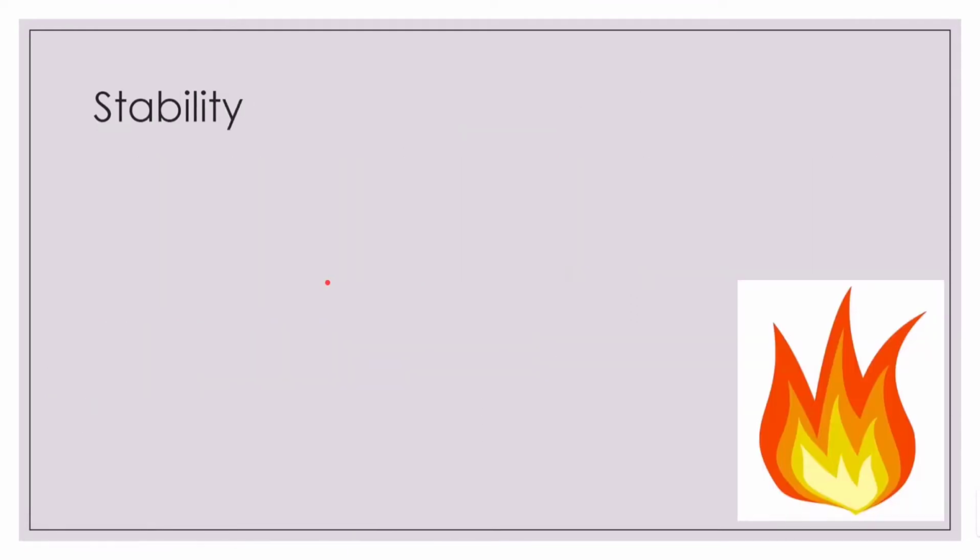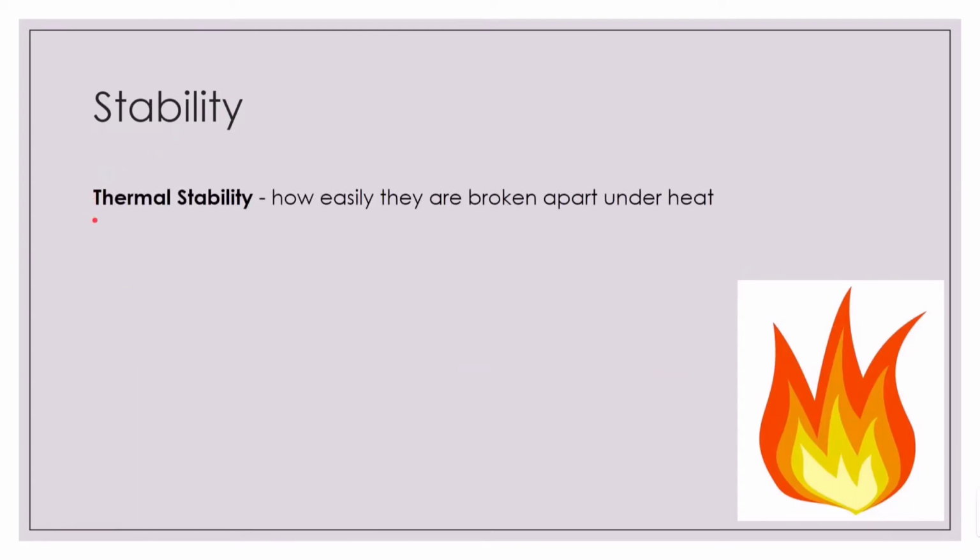And next we're going to be looking at stability. Thermal stability is just how easily things break apart under heat. Our hydrogen fluoride and hydrogen chloride are actually very stable thermally.